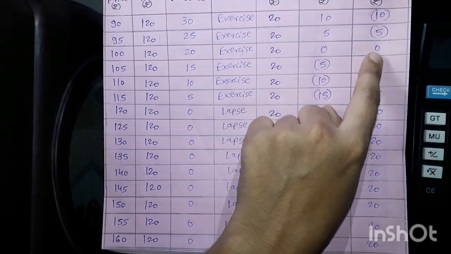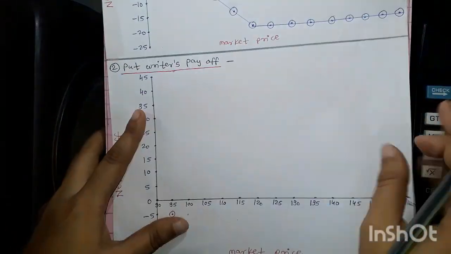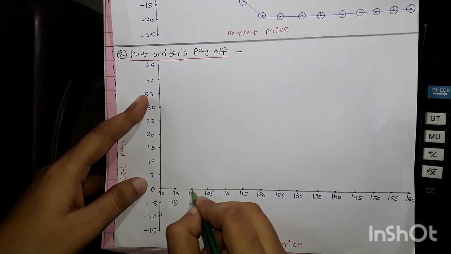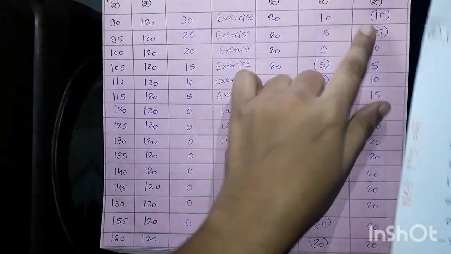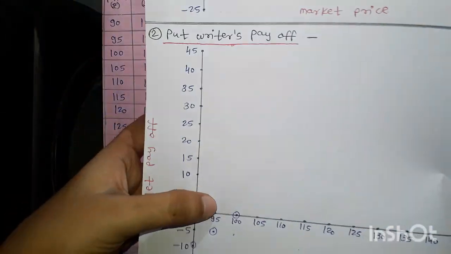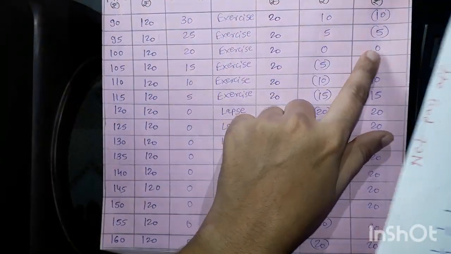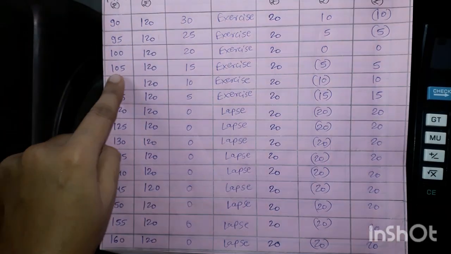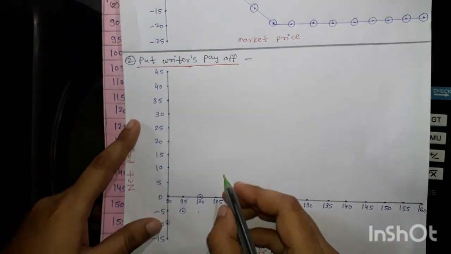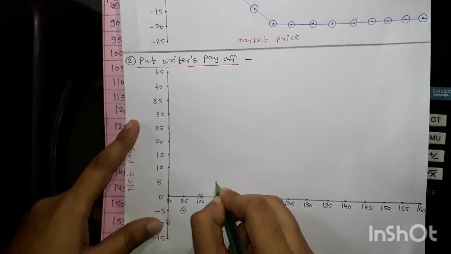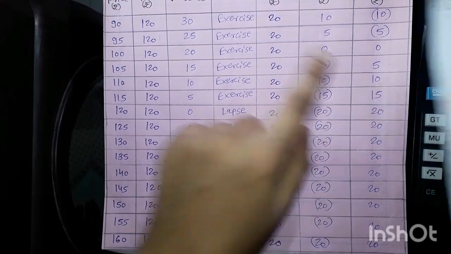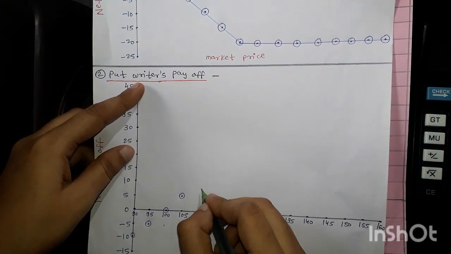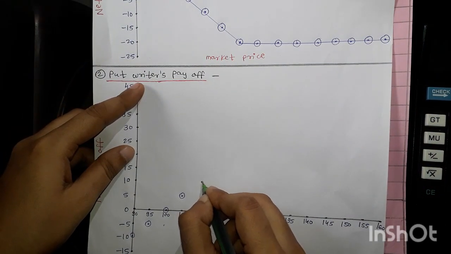For 105 it is 5. For 110 it is positive 10.